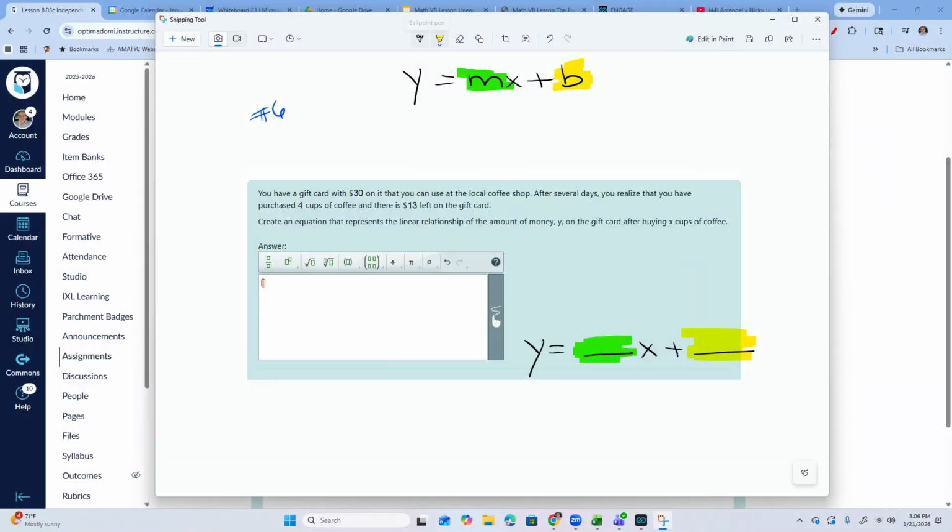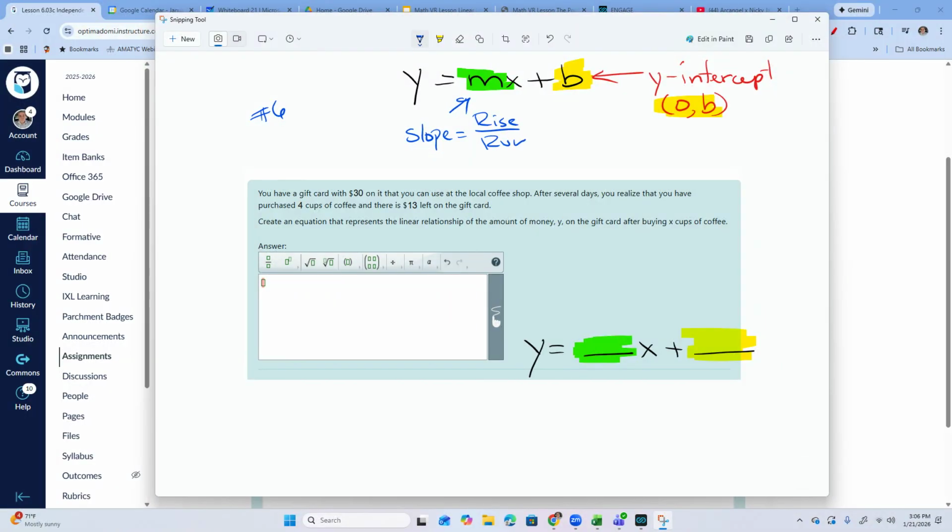So remember that the y-intercept, which is the b, is a point on the y-axis. And that point is going to look like this, 0, comma, b. And the m, the slope, is rise over run.